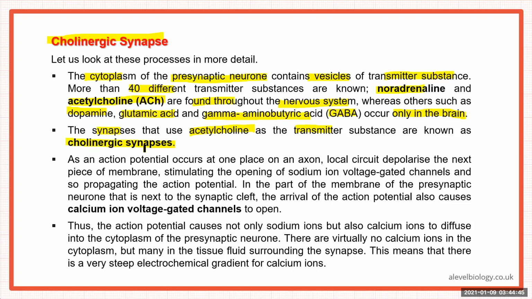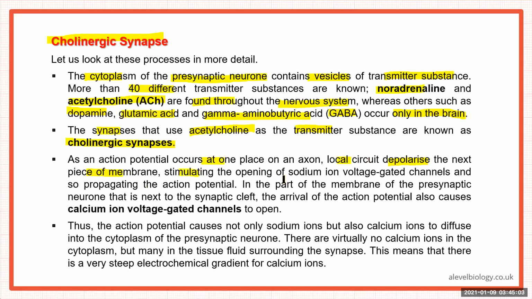Then, as an action potential occurs at one place on the axon, a local circuit depolarizes the next piece of the membrane. This is related to the action potential that we discussed in the previous part of the lesson. This local circuit depolarizes the next part of the membrane.